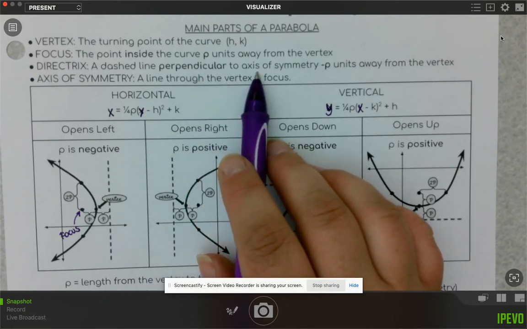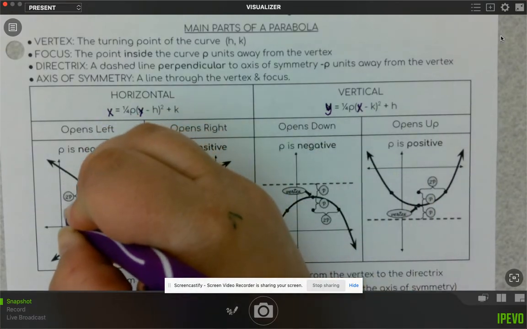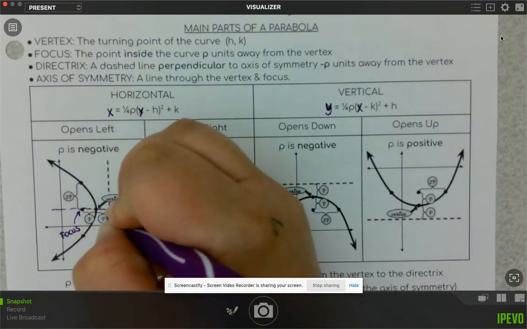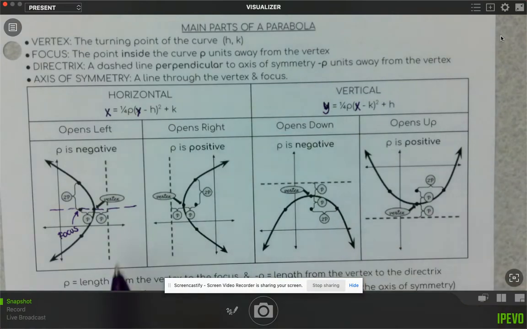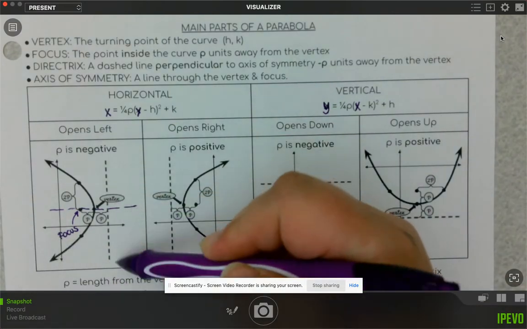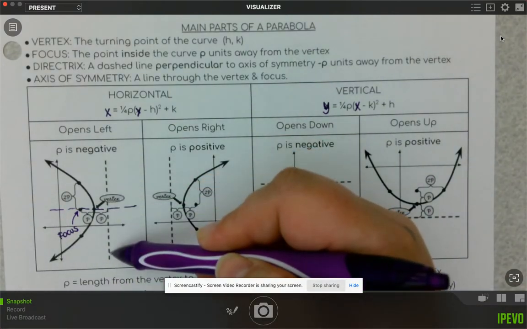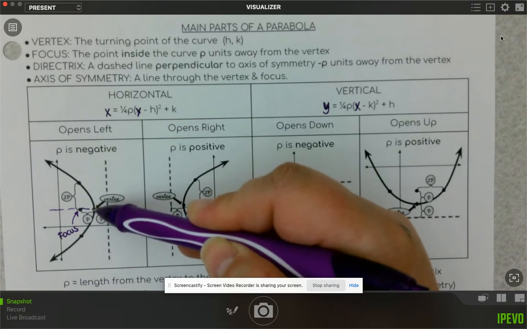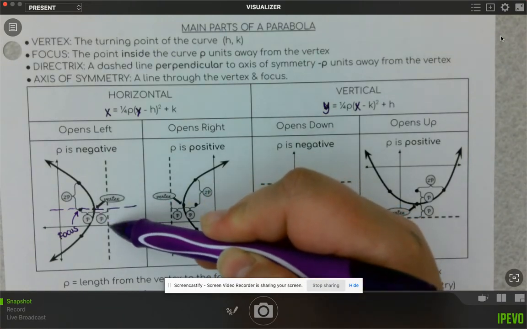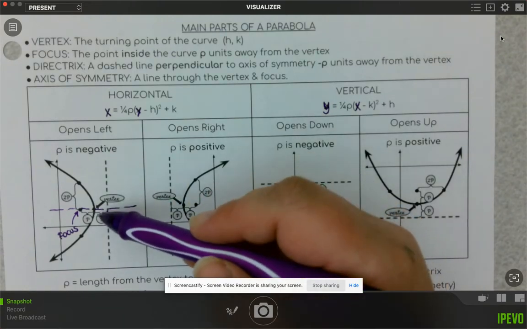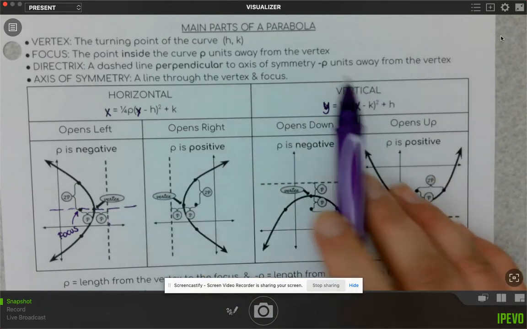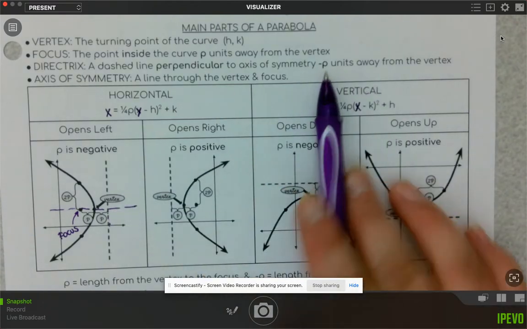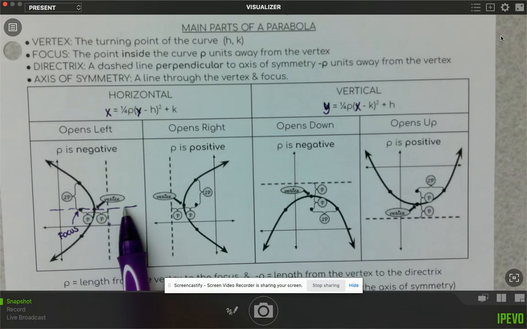The axis of symmetry is an imaginary horizontal, in this case, line going like this. So it's perpendicular. I usually just say it's kind of parallel to the vertex over here. And it is also p units away, but I'm calling that negative p because it's heading away from the parabola.